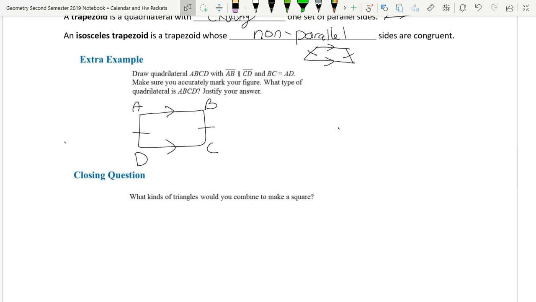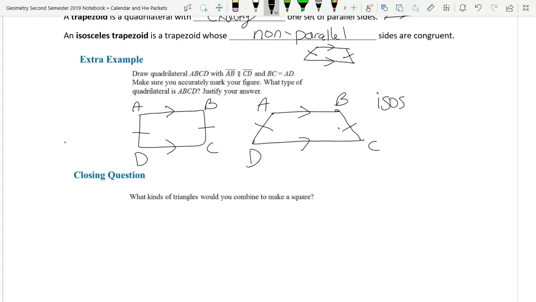Well, it looks like a rectangle when I drew it. Turns out, though, that a better drawing of this would have been this kind of shape. We have an isosceles trapezoid. Because it has exactly one set of parallel sides and the non-parallel sides are congruent.